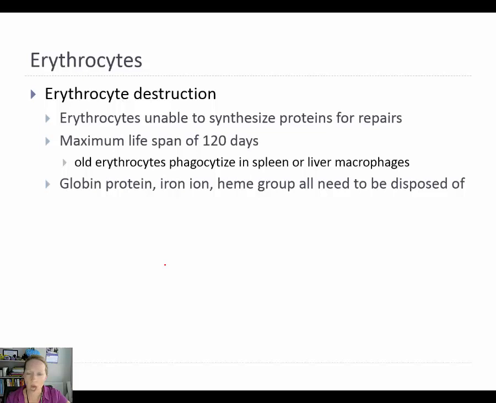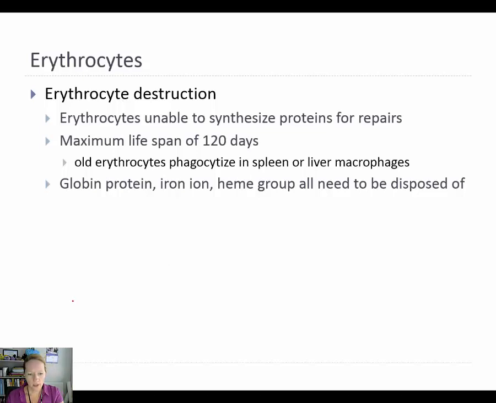It goes through the spleen a lot, but eventually when it hits the spleen, the macrophages are going to detect that it's an old red blood cell and it needs to be eaten and broken down. The spleen is also known as the erythrocyte graveyard because that's where old red blood cells go to die. They can go to the liver as well, but a lot of it happens in the spleen.